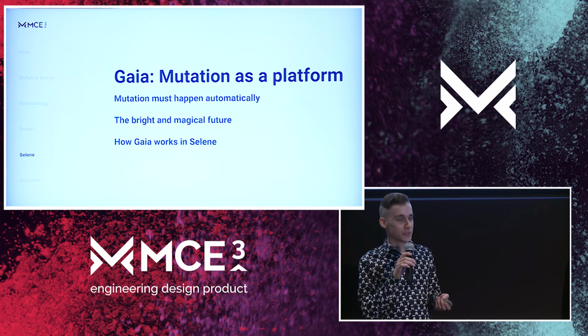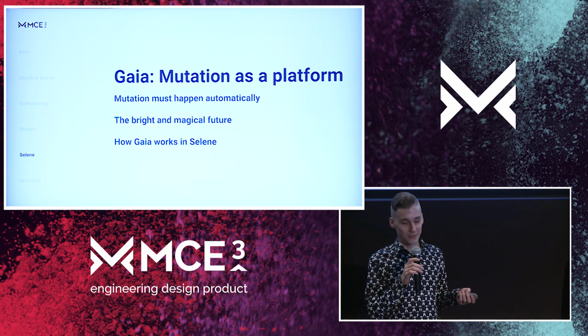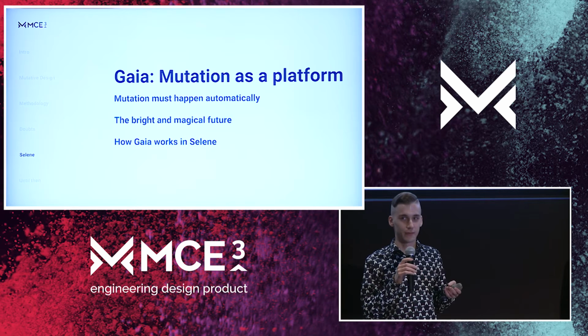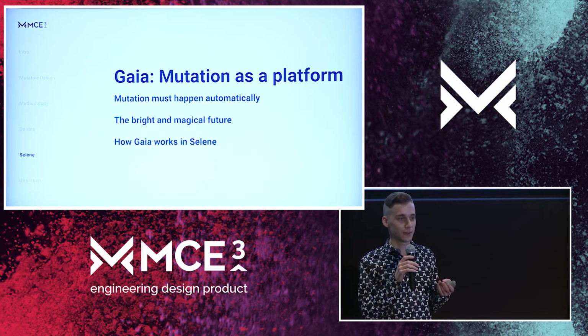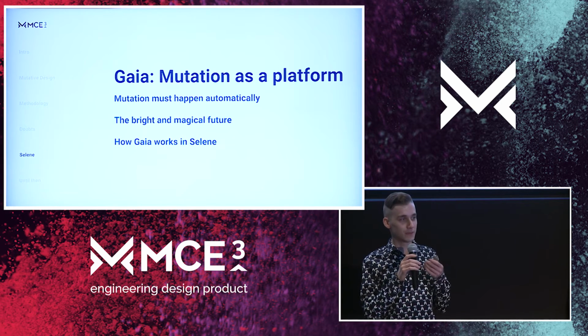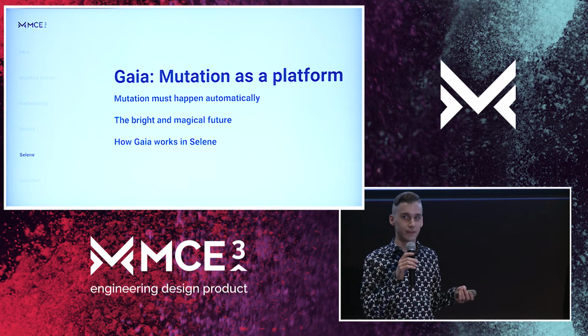In the bright and magical future, Gaia would be a piece embedded in the framework that would be a broker of information about mutations. It would contain instructions for elements to mutate in certain ways, and then would also get information back from the apps about the success rate of those mutations.